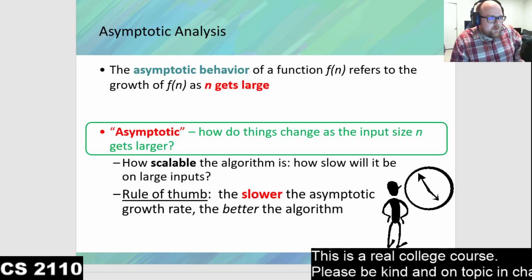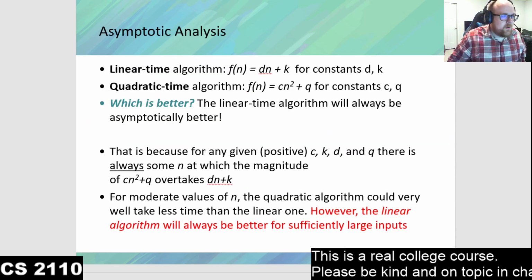We're focused on how much faster f of n grows as n gets large. How scalable is the algorithm? Generally, the slower the rate of growth, that is to say, the less the runtime grows as n increases, the better. We've already talked about linear time and quadratic time.